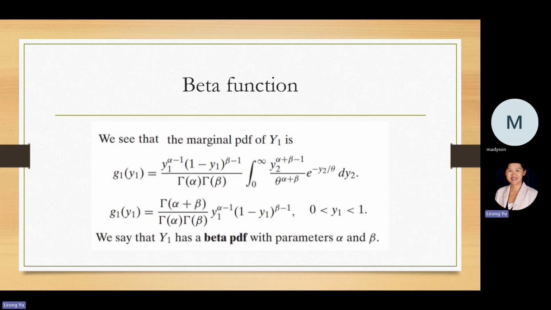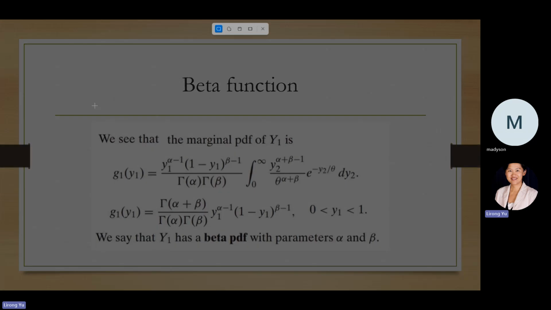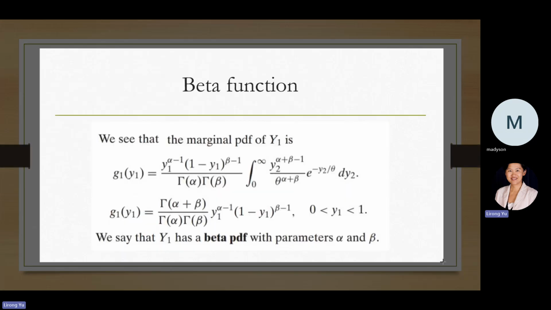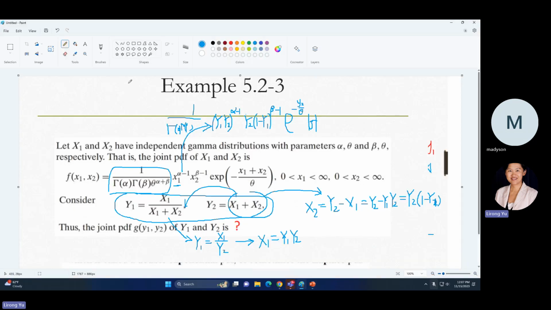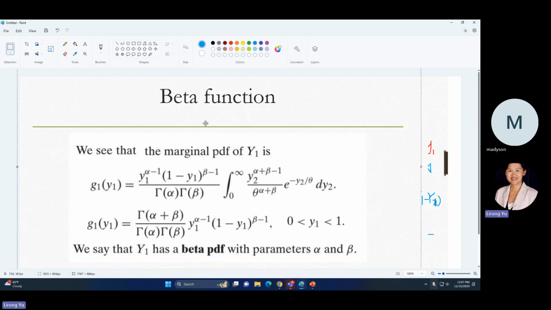The reason why it's called a beta distribution is because the beta distribution and the beta function actually are not the same thing. I want to mention what exactly a beta function is. The beta function B(alpha, beta) is defined on top of the gamma function: it equals gamma alpha times gamma beta divided by gamma alpha plus beta.